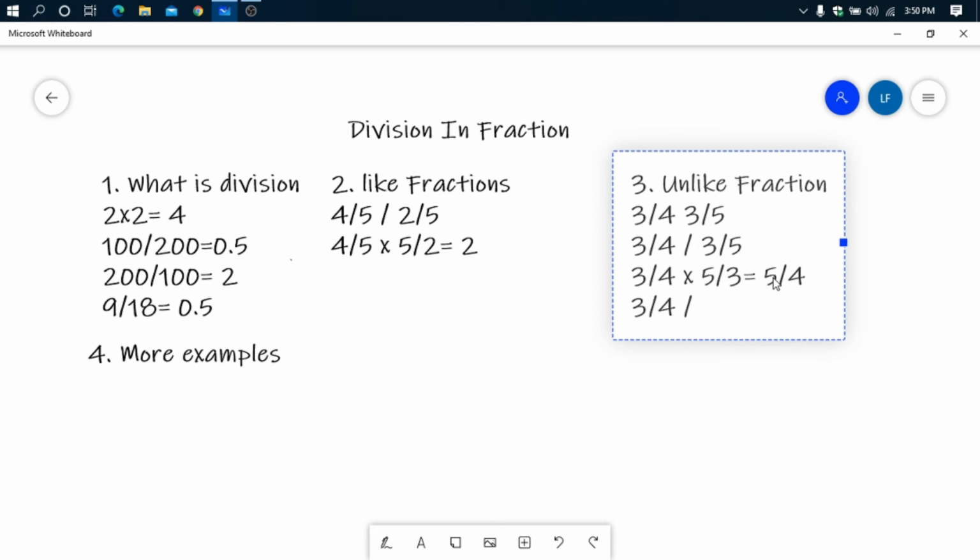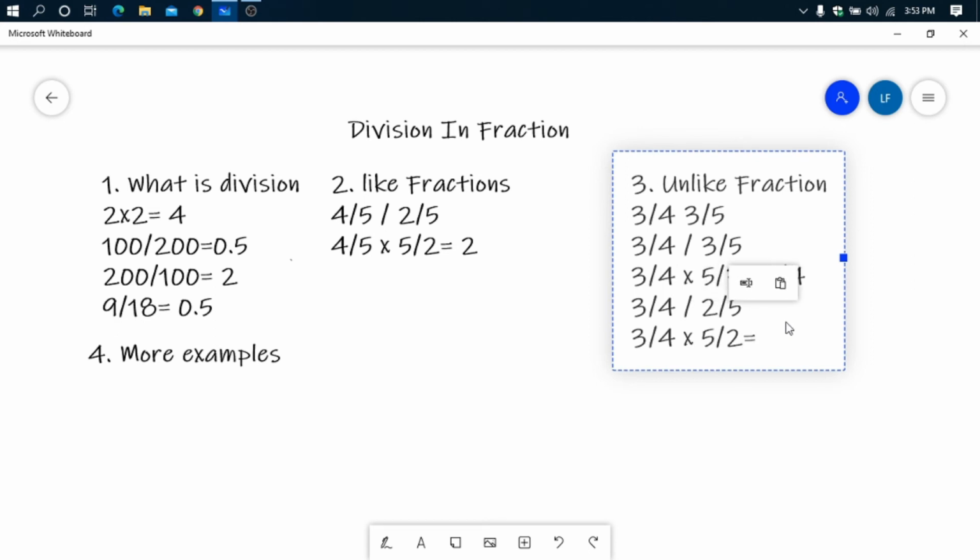But you may say, well, what if 3 by 4 is divided by 2 by 5? What will be the answer then? We can take the reciprocal. Easy. So it's 3 by 4 multiplied by 5 by 2.